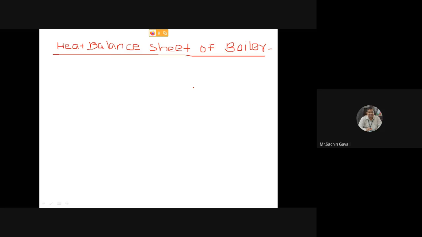Various ways by which heat is utilized from the boiler.